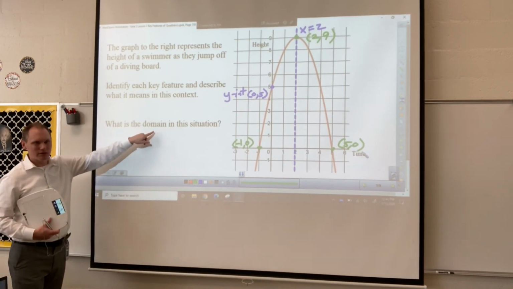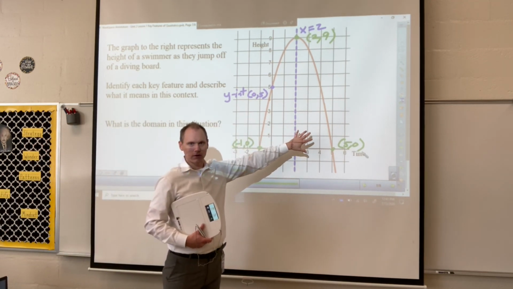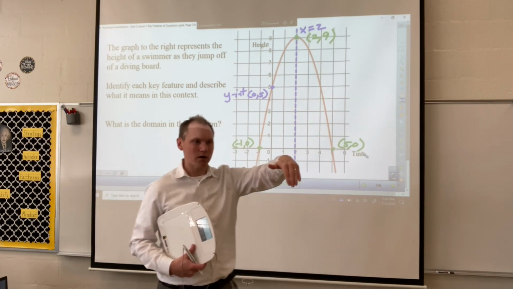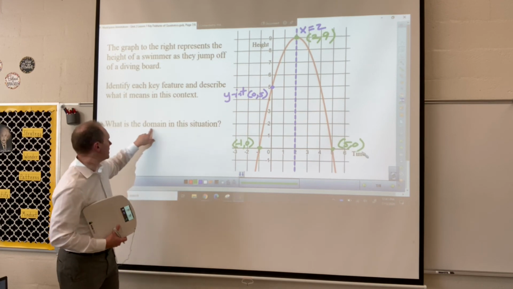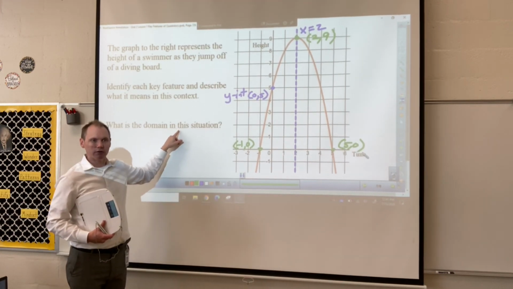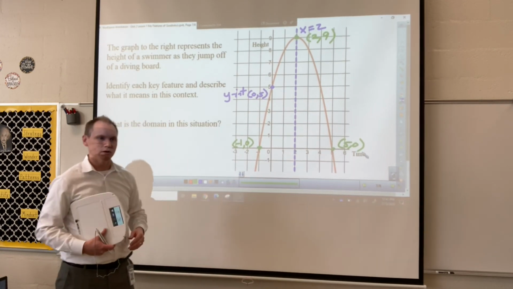What is the domain of the situation in the context of the problem? Okay, so let's assume we're only talking about the jump from the board to the water. That's all that matters. So what's the domain here? Remember, domain is all the inputs or x values that matter or can be inputted into our function.